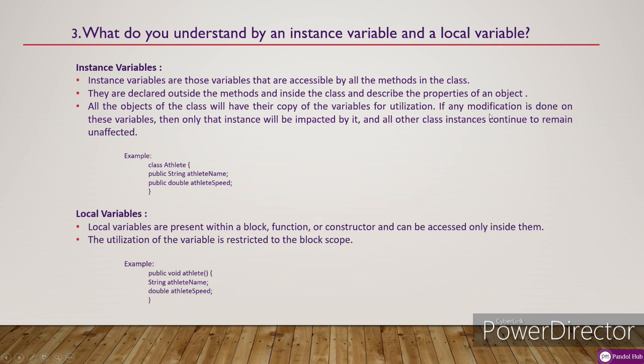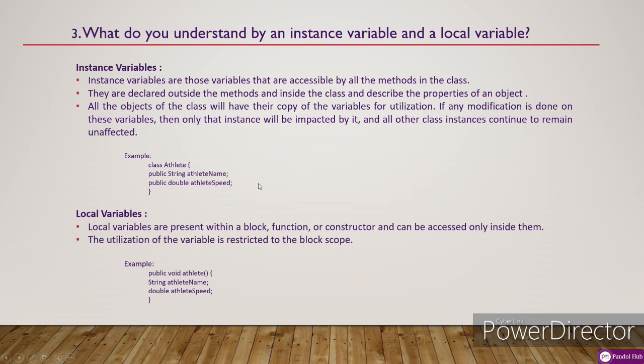If any modification is done on those variables, then only that instance will be impacted by it, and all other class instances continue to remain unaffected. For example, you have a class athlete. If you create an object for this class, say object 1, it has a specific name and speed. Then you create one more object, object 2, with its own name and speed.